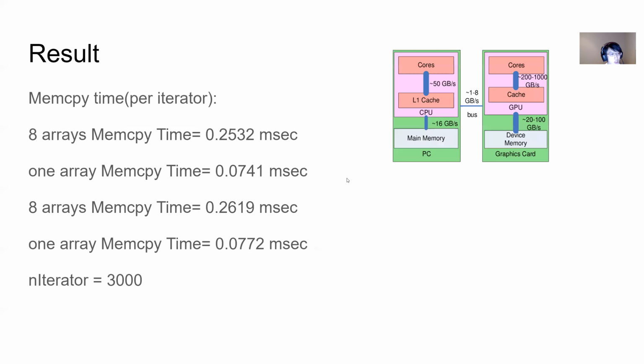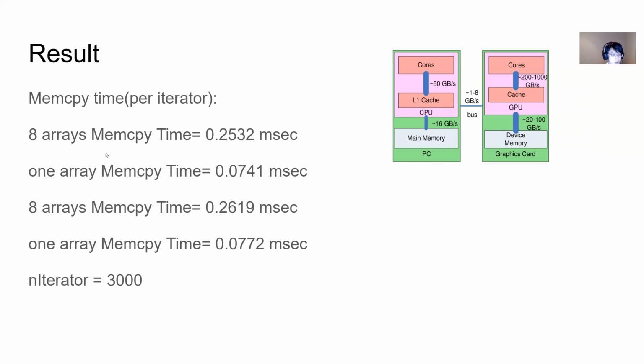That is because the memory copy time is different. Each time we compute on the GPU, we need to copy the data from the PC to the GPU, so we need to consider the memory copy time. When we compare the memory copy time, it is quite different. If we memcpy the 8 arrays separately, it costs 0.25 milliseconds.